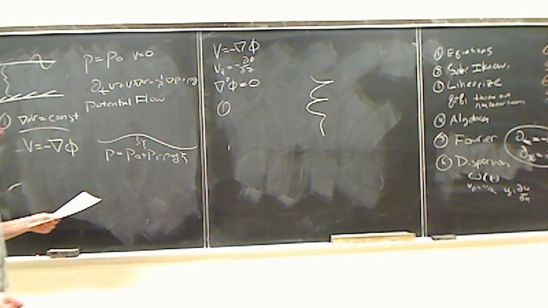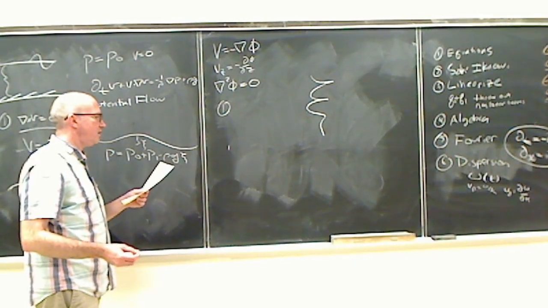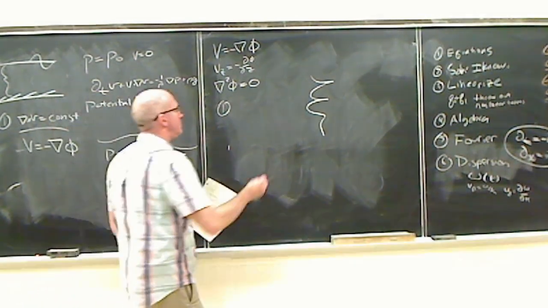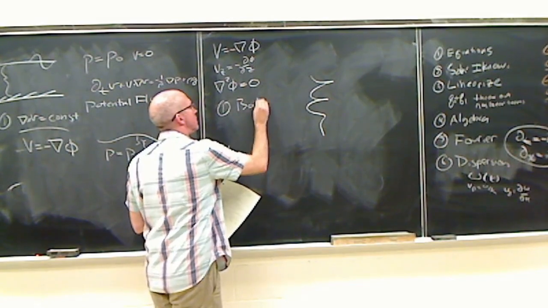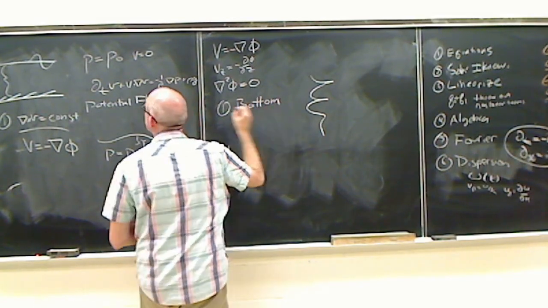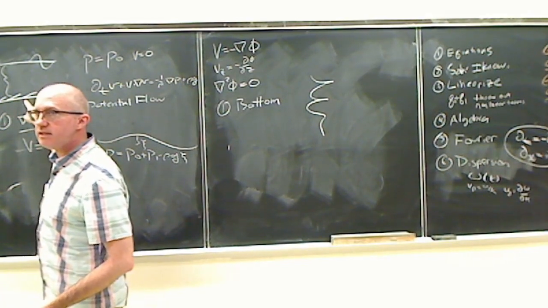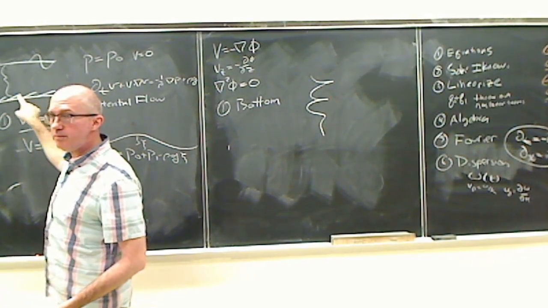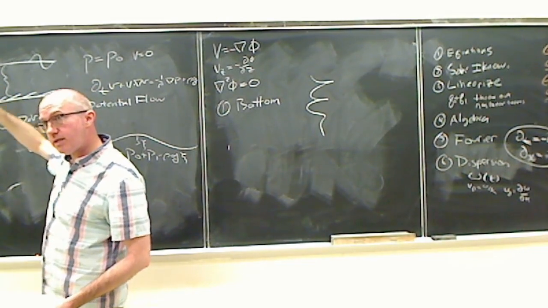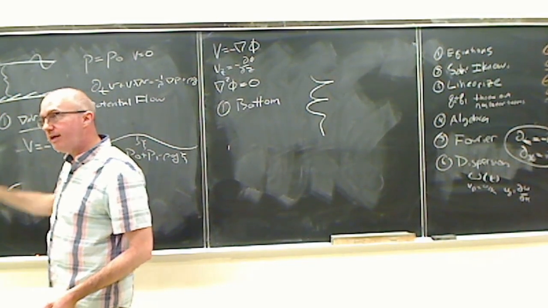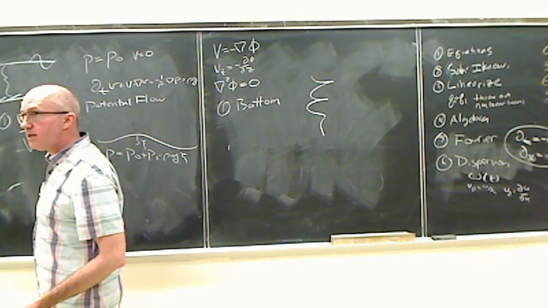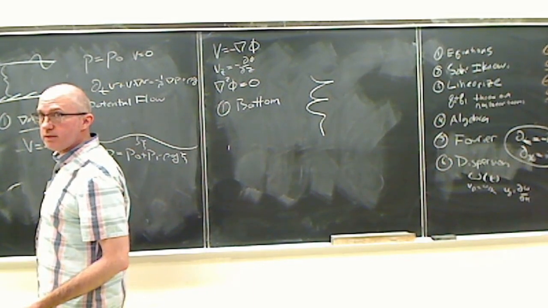So our boundary conditions are at the bottom. At the bottom of the ocean, what can you say about the velocity? It's 0. It's 0 into the ocean because you can't penetrate through the ocean floor, and it's 0 across the ocean because of the no-slip condition.